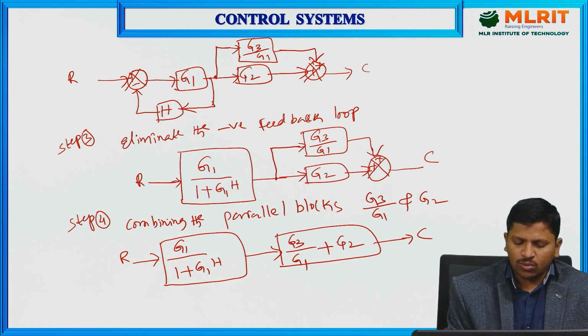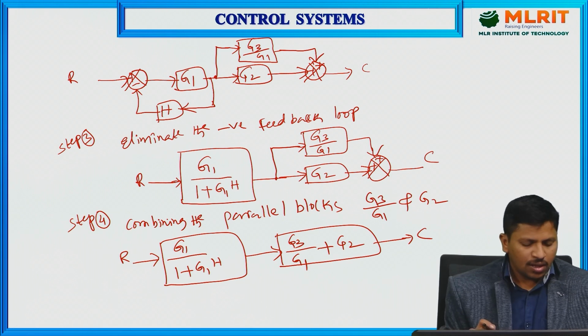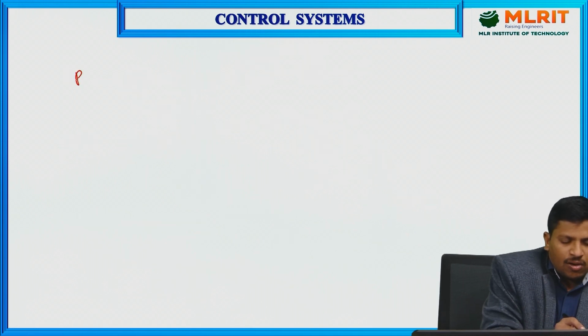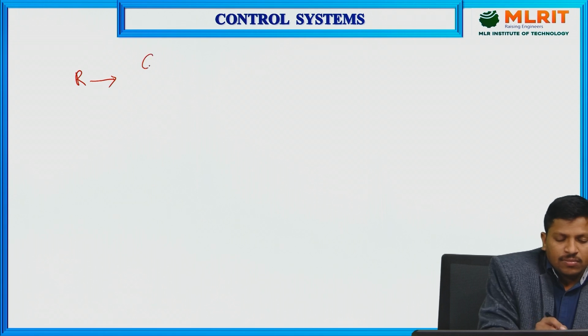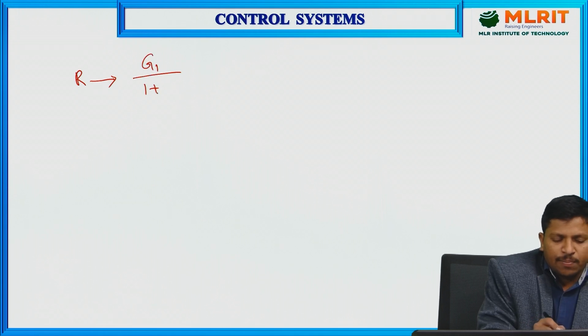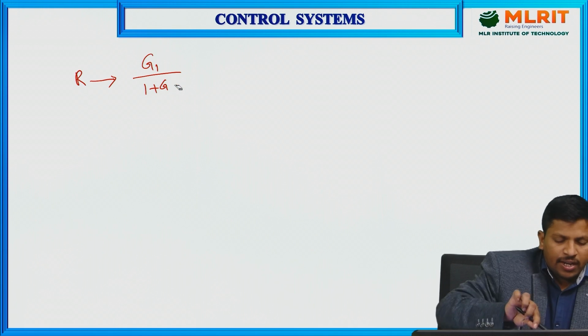The value is G3 plus G1 G2 divided by G1. Now I am going to write that here, or G1 divided by 1 plus G1 and H.